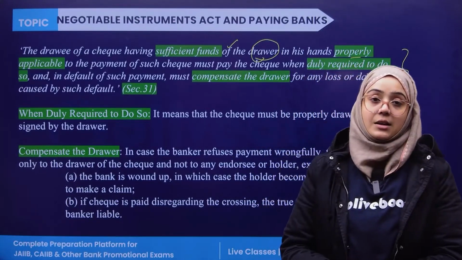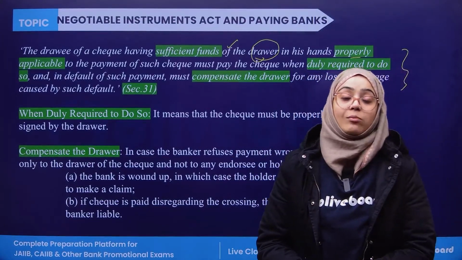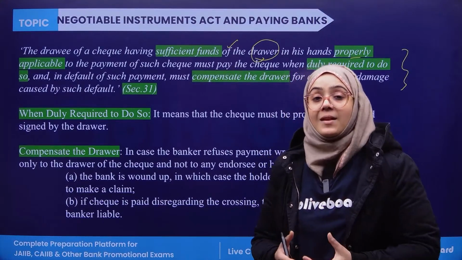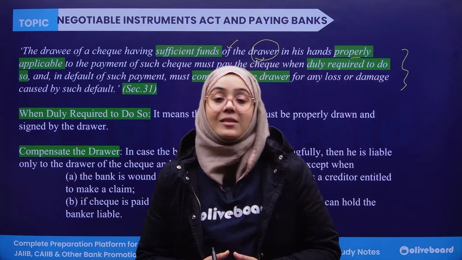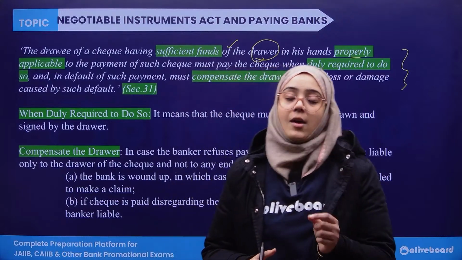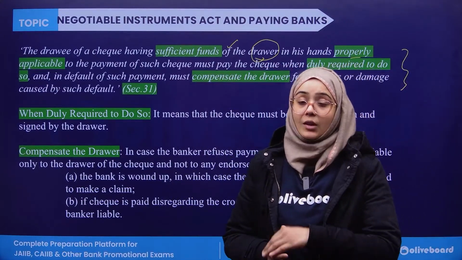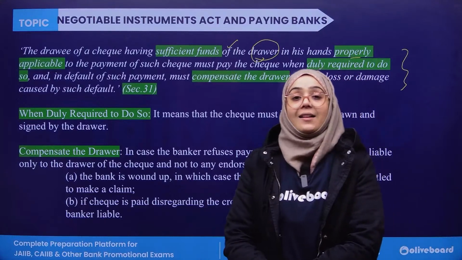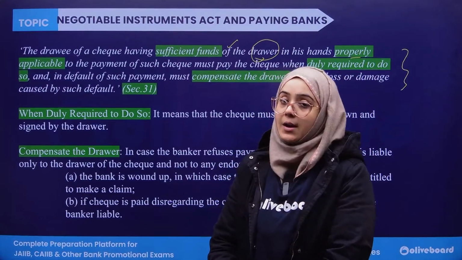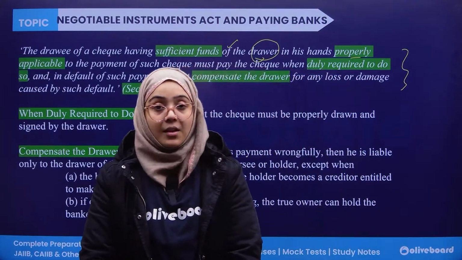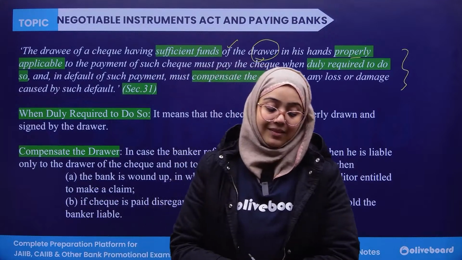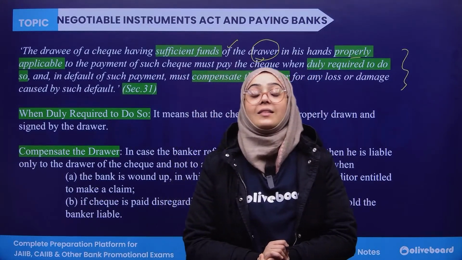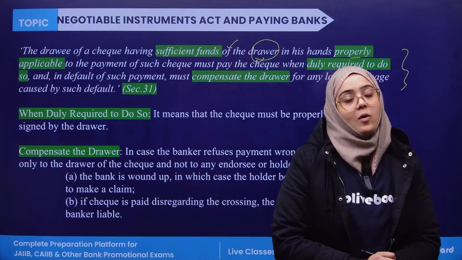Now, in this condition, the drawee is responsible for compensation of all the loss that happens to the drawer. Here, always remember, when the bank wrongfully dishonors the check, the bank is liable towards the drawer in normal circumstances. In some circumstances, they are liable towards the holder of the check also.